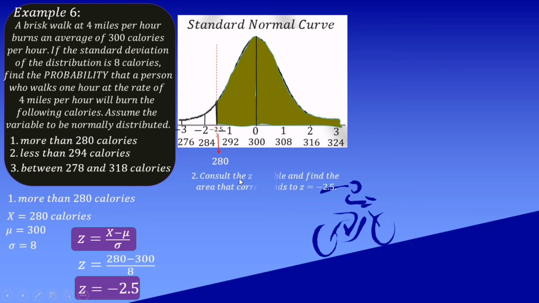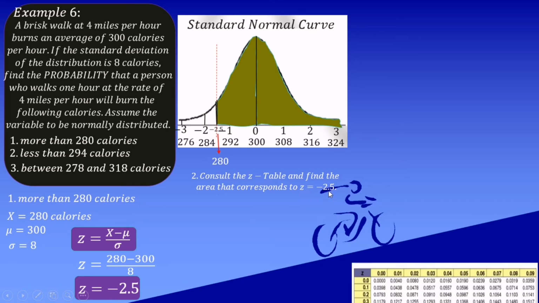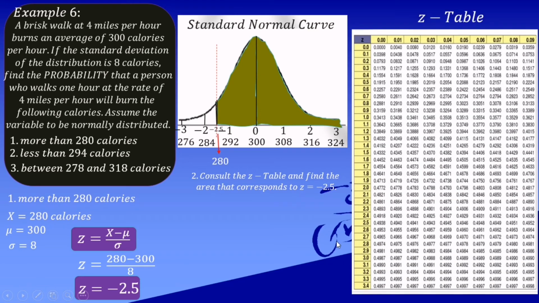To find the probability, let's consult the z table to find the area that corresponds to z is equal to negative 2.5. So, ang given natin is negative. Ignore natin yan. So, gamitin natin yung positive 2.5. Yung first two digits natin is 2.5. That is a row entry.